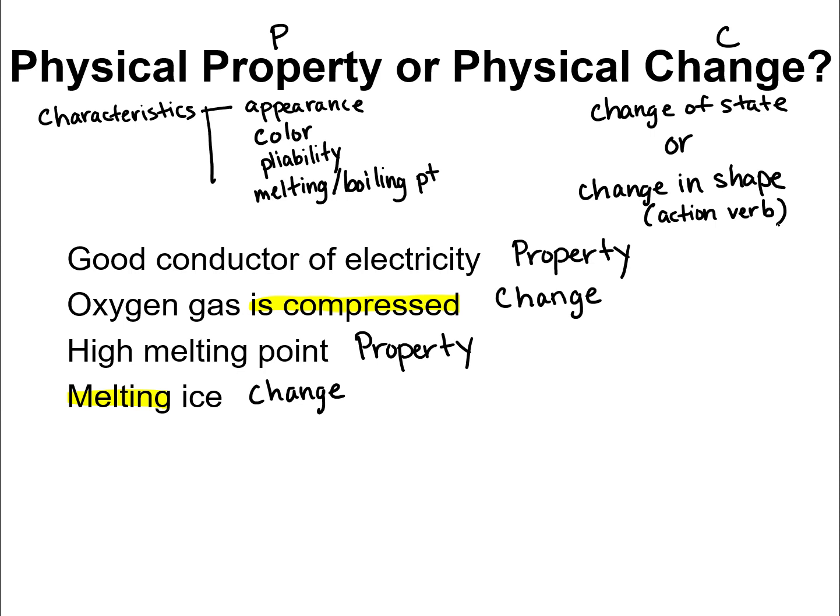When we get to chemical changes, you'll see that it's the same thing. For a physical change, you've got a change of state or a change in shape, where something is being compressed or expanded, something's melting, freezing or boiling. Those are all changes, and you can see a verb. There's some kind of "ing" or "is" something. That's one way that you can tell the difference in general between a property and a change.